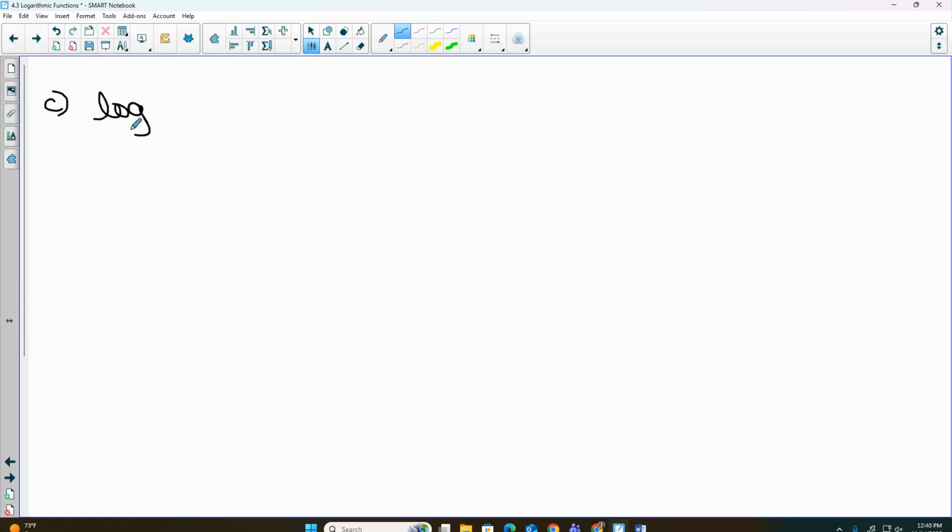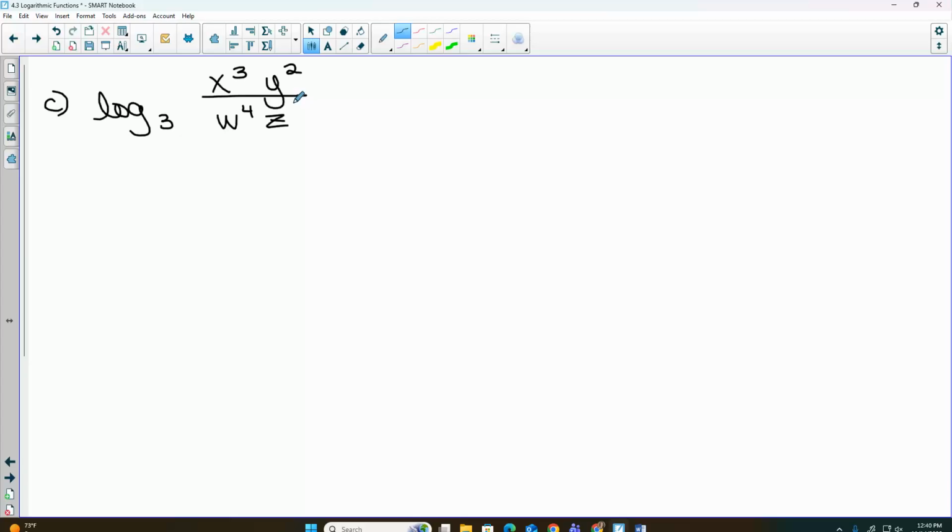If I said log base 3 of x cubed, y squared, divided by w to the 4 z. Right, so if I am telling you to expand this, we are breaking apart the logs.